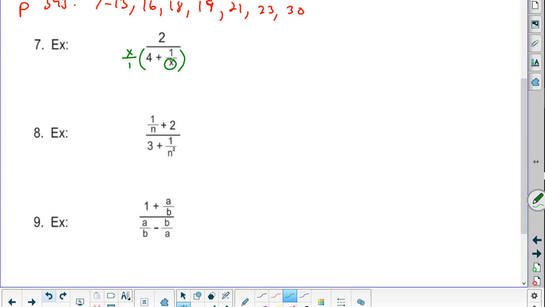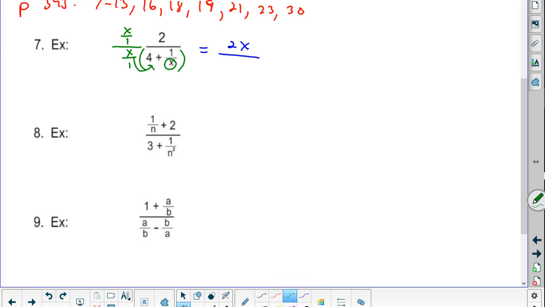Not only that, right now if I just do this, I've changed the value, so what else do I have to do? I've got to do it to the top. So I have to also multiply the top by an x over 1. Okay, the top is no sweat. That's a 2x. But you've got to be careful on the bottom because you have to distribute.